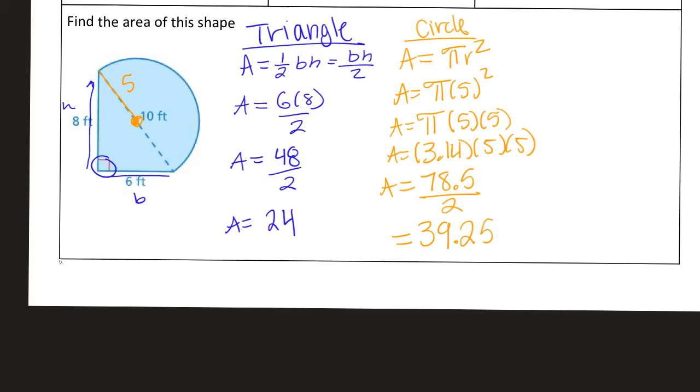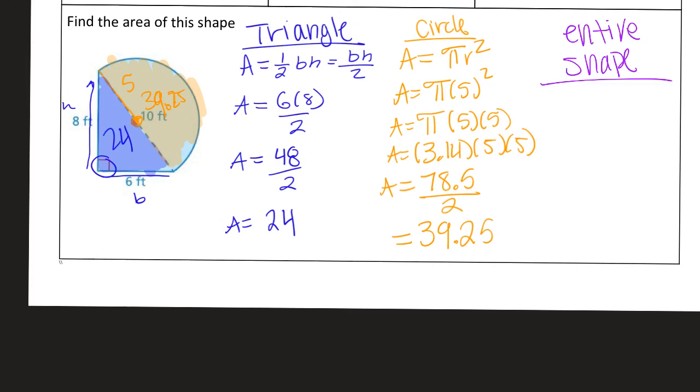Okay, so inside here, the triangle, its area was 24 square feet. And the semicircle, its area is 39.25. So to find the area of the whole thing, what should I do?